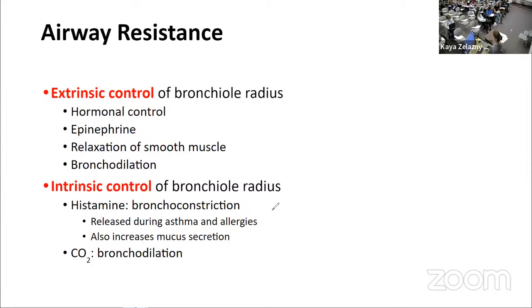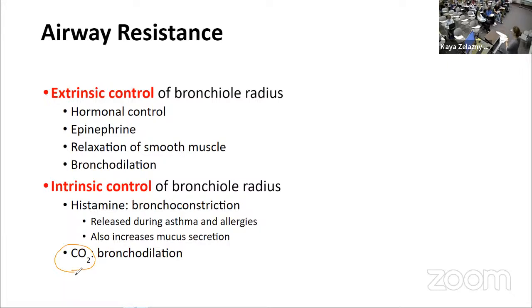So intrinsic control of bronchiolar radius has to do with local factors right there in the tissue surrounding the bronchioles. Often this has to do with the gases that we're tracing as we think about gas exchange. I'm going to point out that bottom bullet point first, which is that a bunch of carbon dioxide building up is going to cause bronchodilation.